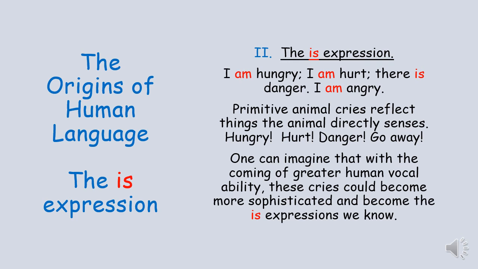The animal directly senses something and reflects it in a sound, indicating hungry, hurt, danger, go away. One can imagine that with the coming of greater human vocal ability, these cries could become more sophisticated and become the is expressions that we know now.